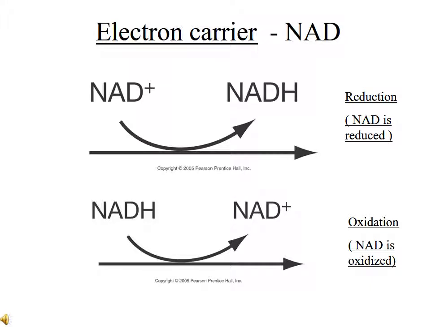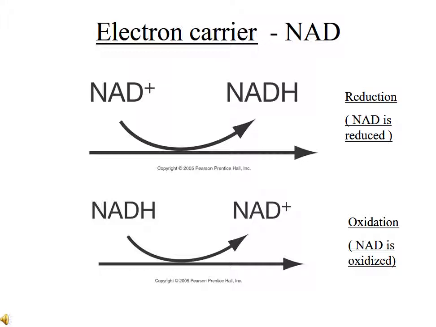Let's see how oxidation-reduction reactions work on electron carriers. As you can see, NAD can be converted to NADH. This is a reduction because the NAD is picking up electrons. Now, when NADH converts to NAD on the second part, that's oxidation because electrons have been lost, have been given off.